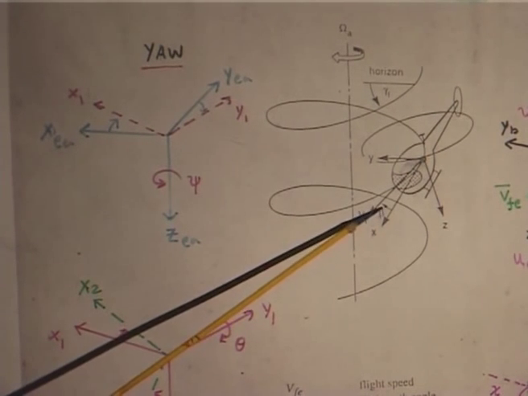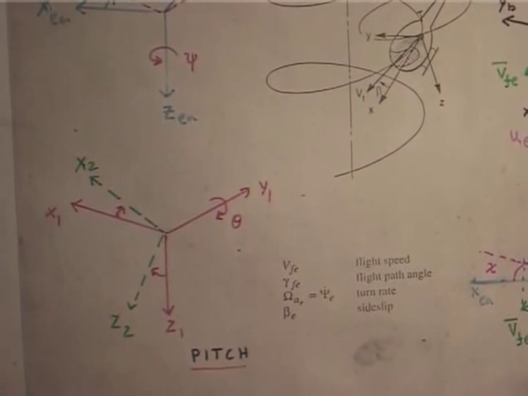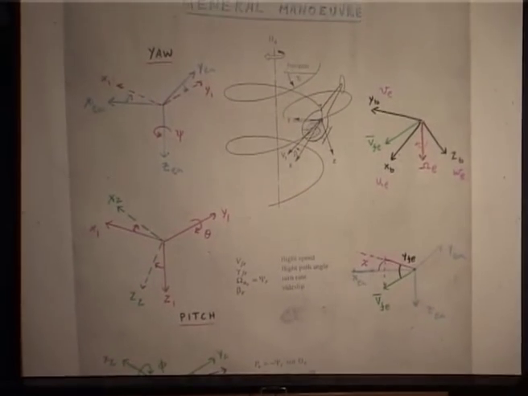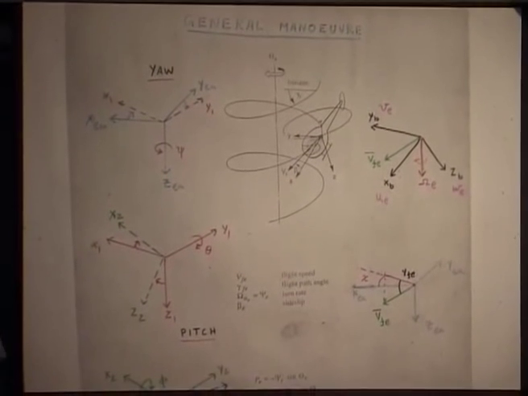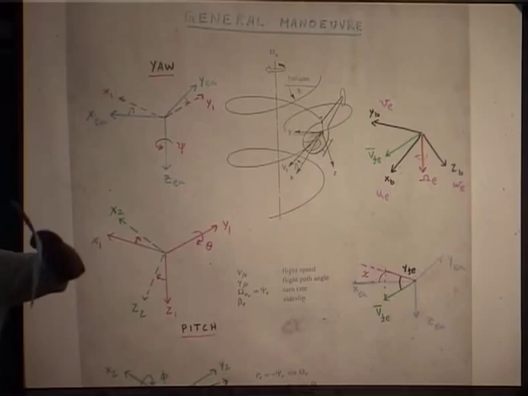Now, the flight speed is given by the velocity vector. You may say the magnitude is a constant, and you will specify a flight path angle. You have to define what that flight path angle is, because this vector is oriented in space in some direction.